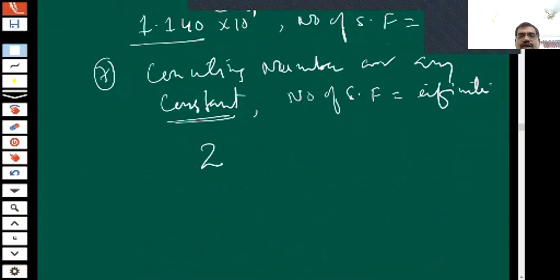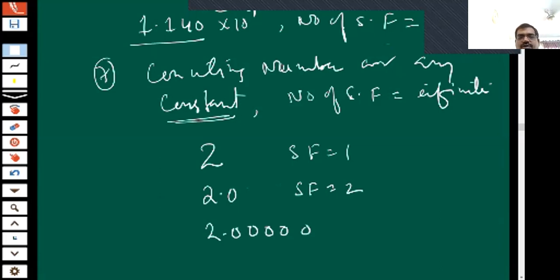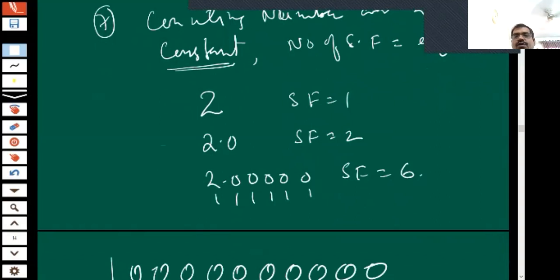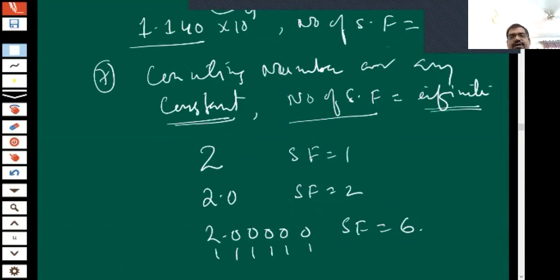So this 2 can be written like this, with significant figure equal to 1. You can write it like this, significant figures equal to 2. You can write like this, so here 1, 2, 3, 4, 5, 6, significant figures equal to 6. So children, if counting numbers or any constant appear, then you can say that the number of significant figures is infinite.